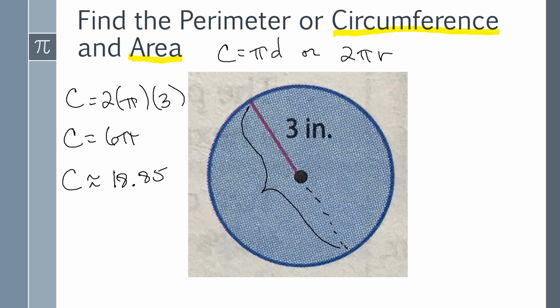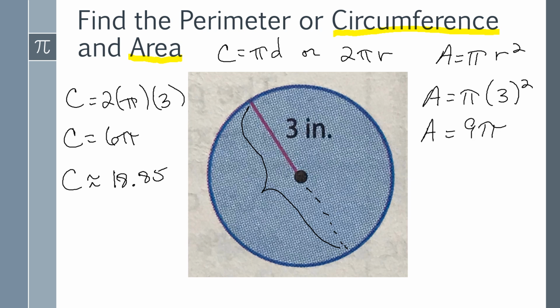Now, area of a circle is equal to pi times the radius squared. So the area of this would basically be equal to pi times 3 squared. Well, 3 squared is equal to 9, so this is equal to 9 pi.